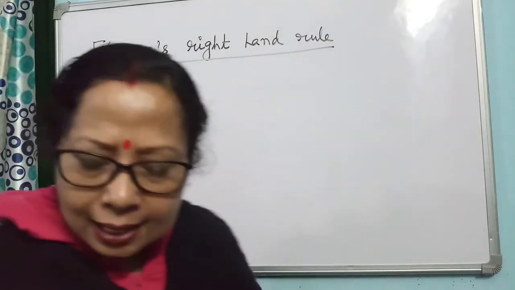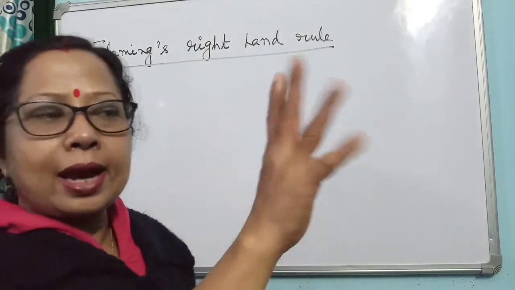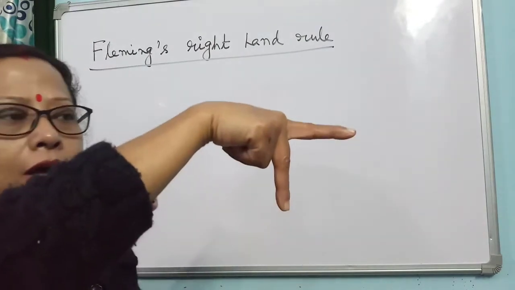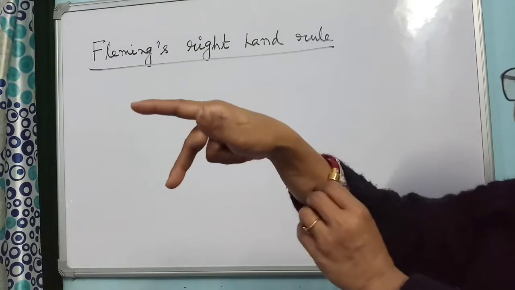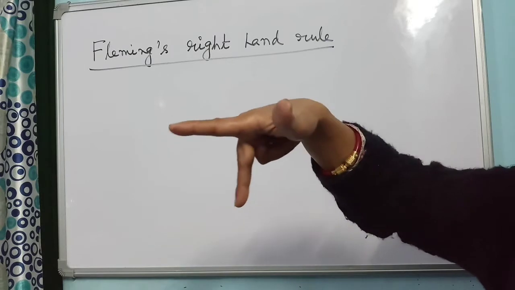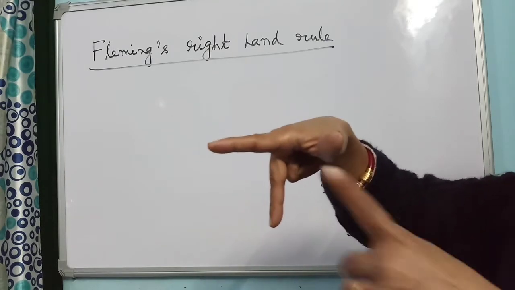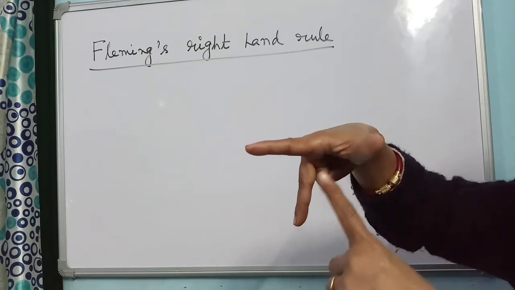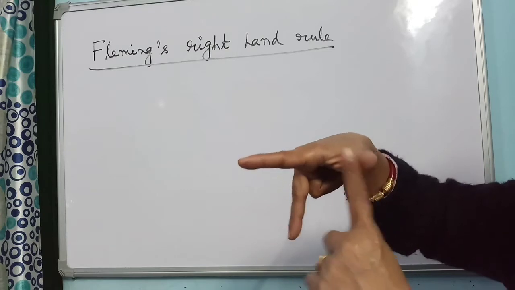Exactly in the same manner, Fleming's right hand rule: this is my right hand. You set three fingers of your right hand perpendicular to each other. Here also you can apply the same thing: F is the force, then M. Again father, mother, child.